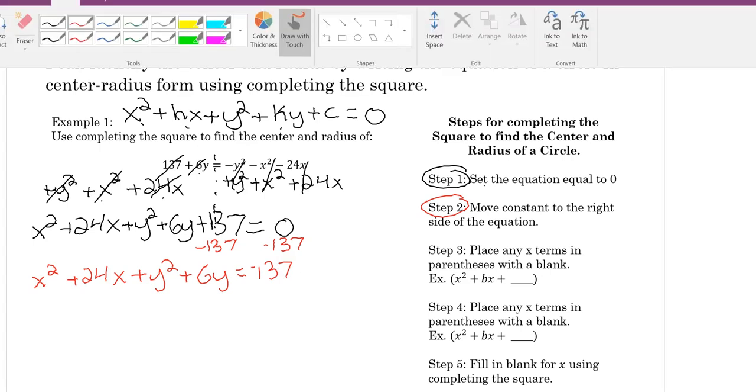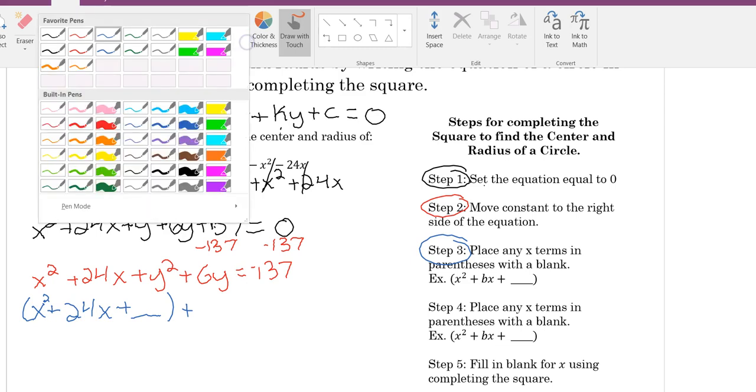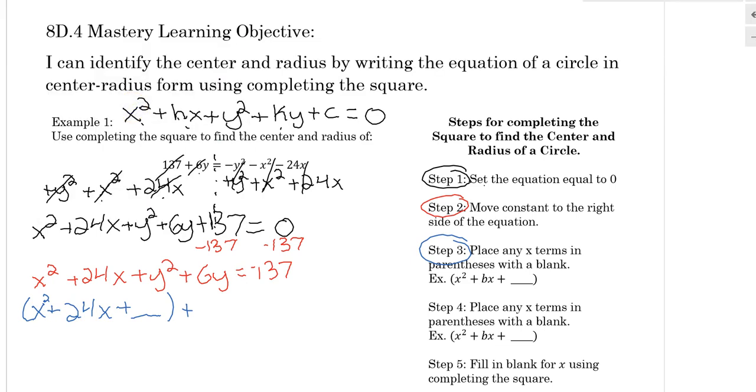Then our next step, following exactly what we've done in our other problems: do your x terms in parentheses. So I have x squared plus 24x plus the blank, then we need our y terms in parentheses. Y squared plus 6y plus blank. Okay.